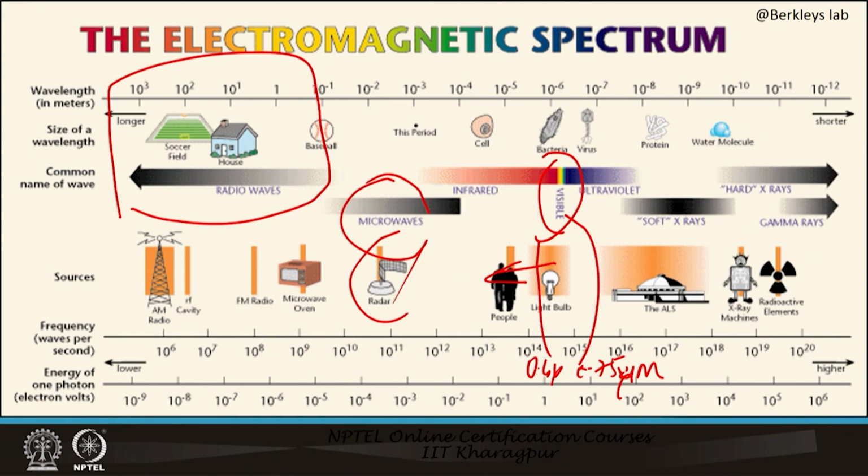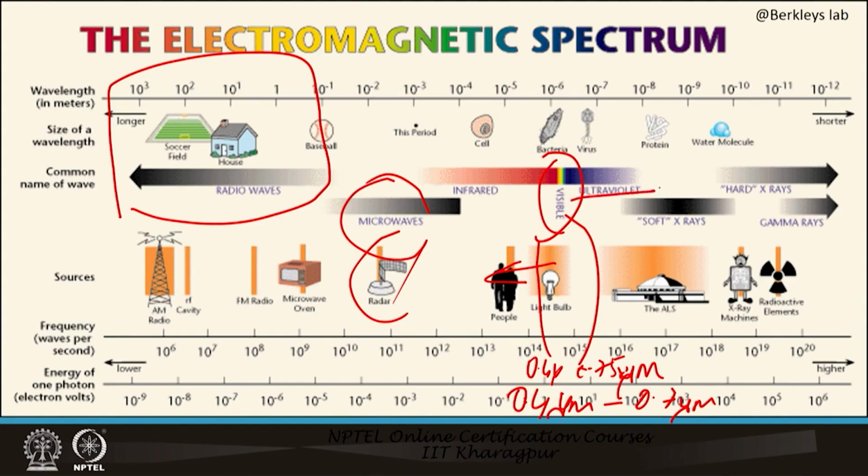So, that is what I intend to explain here. Then if someone asks you what is the wavelength of the visible region, you should be able to say it is 0.4 micrometer to 0.75 micrometer, okay. So, that is very important when you are explaining the electromagnetic spectrum.